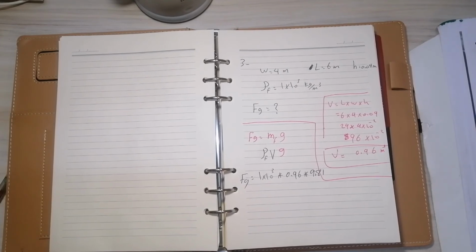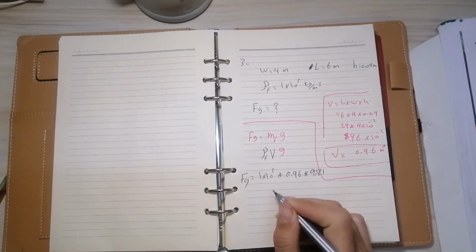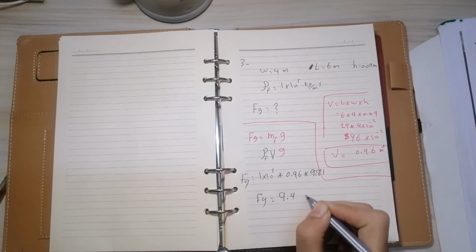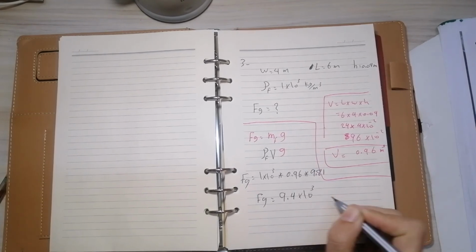Fg equals, this is the number. It equals almost 10,000. So Fg will equal 9.4 multiplied by 10 to the power 3.